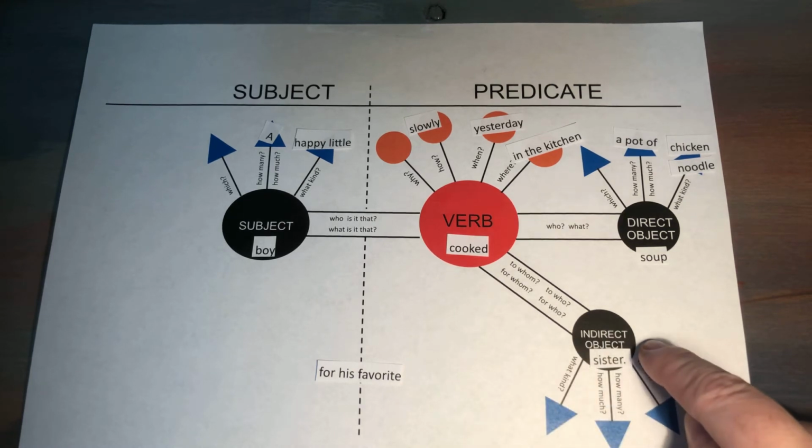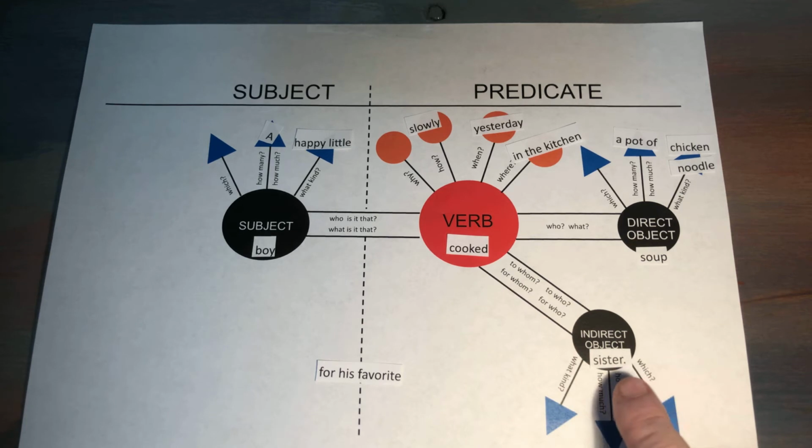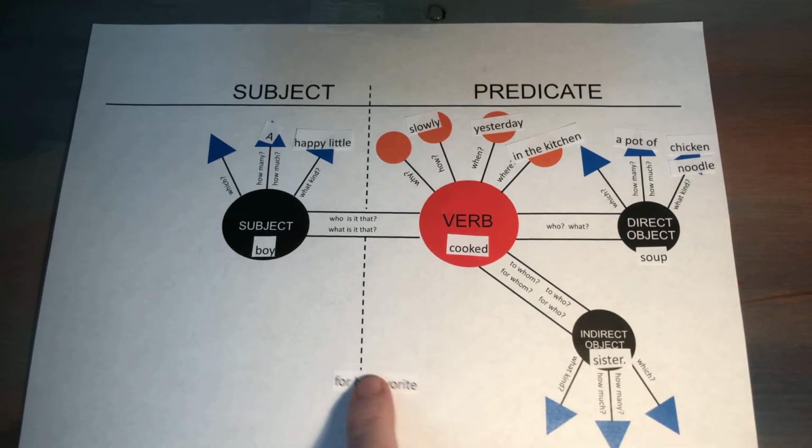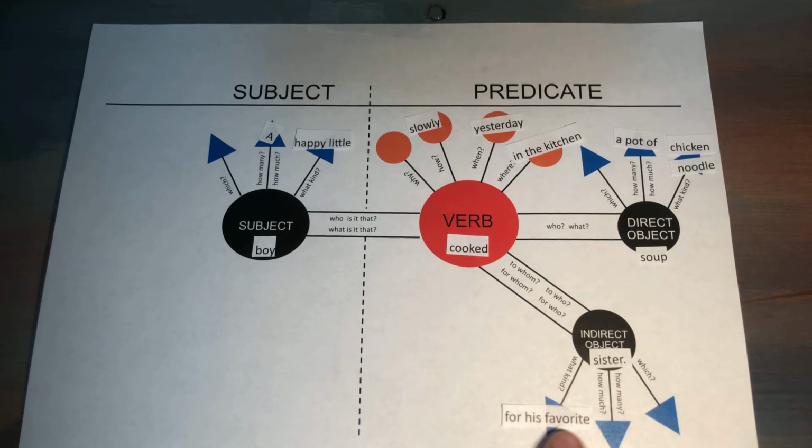Let's look at our indirect object. For who or for what? He cooked it for his sister. Which sister? How many? Or what kind? We know he cooked for his favorite. That could be what kind of sister or which sister. I'm going to put it under what kind. His favorite.